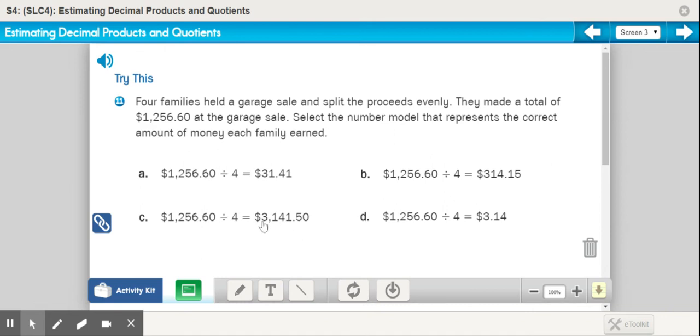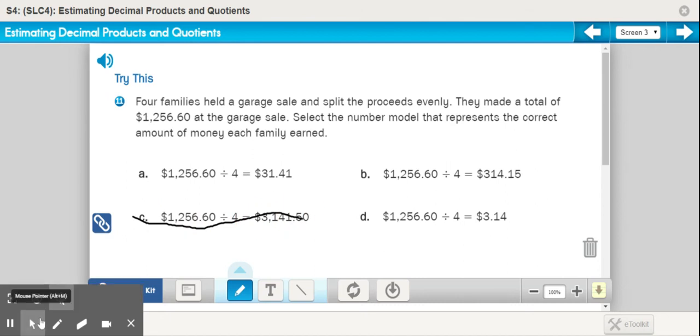Is that possible? So you only had $1,256.60 and you split it with 4 people. How is everyone going to get $3,000 all of a sudden? Don't think that one makes much sense. So I am going to get rid of that as an option.